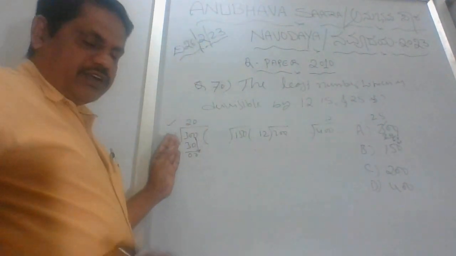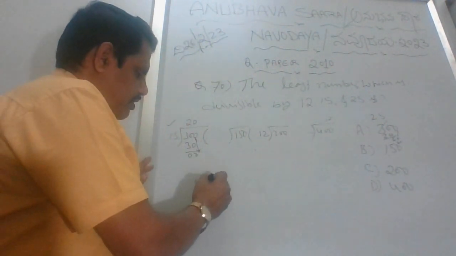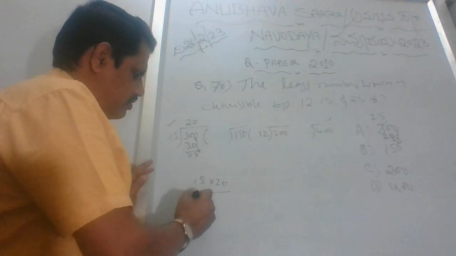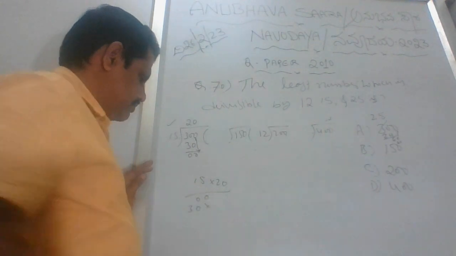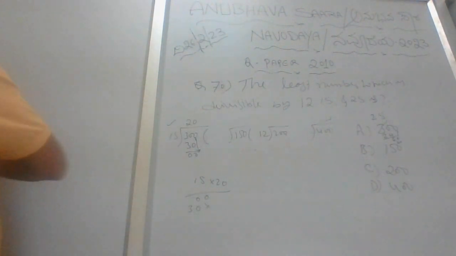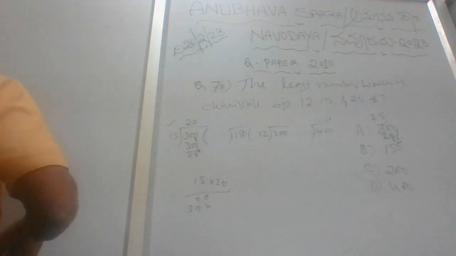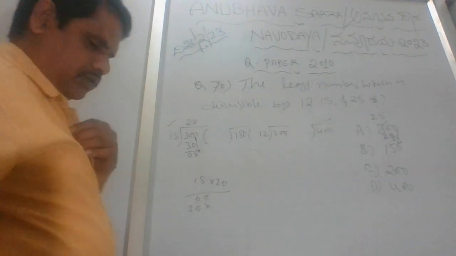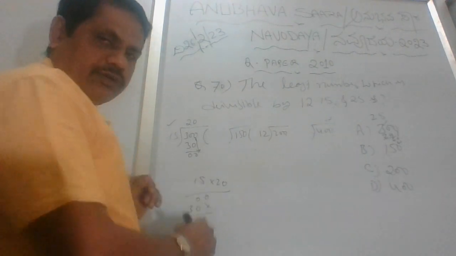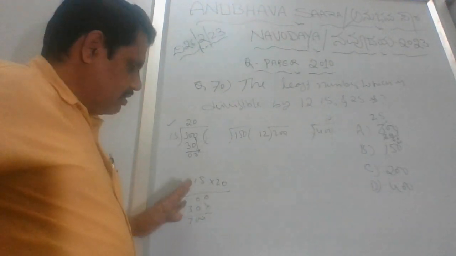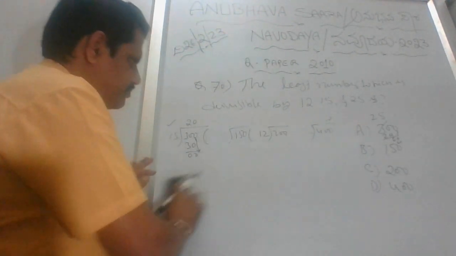I will show you the cross multiplication. 15 multiplied by 20. It's 0 0. 15 twos are 30. 3 0 0. So that means it's a correct 20.